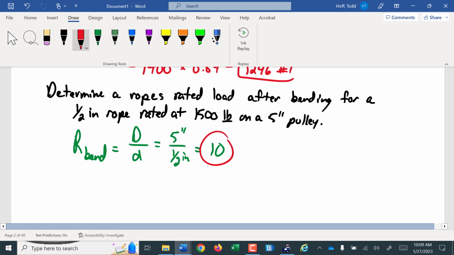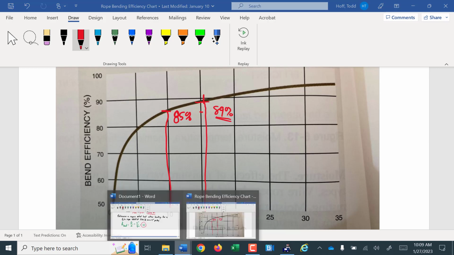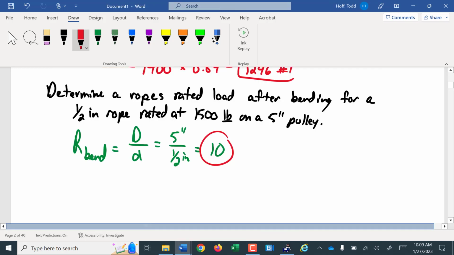What do we do with that? We look at our efficiency chart. Yeah, as I said, right around that 85, 86. I would probably, just to be safe, I'm just going to call it 86% or 85%. That way we know that we can definitely lift at least that much or more. So what do we do with that 85%?